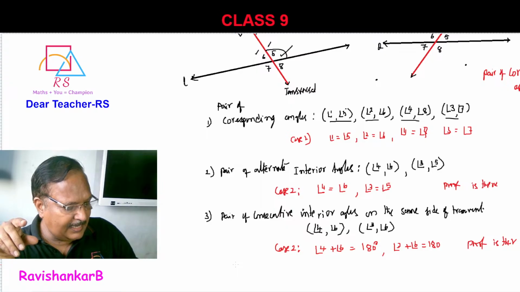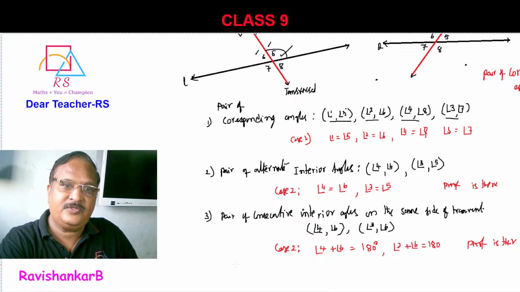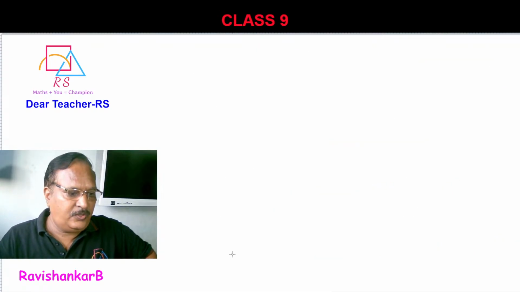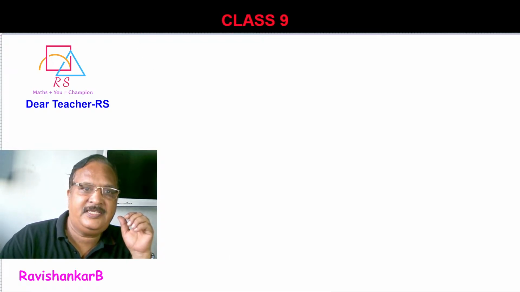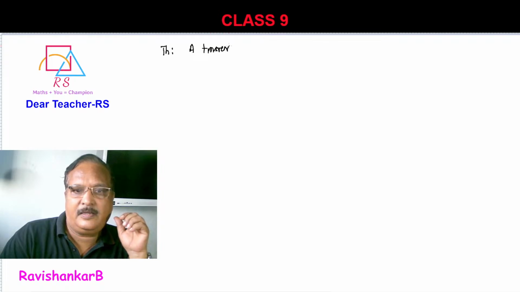Prove that alternate interior angles are equal. So I am writing it. The theorem question goes like this. A transversal intersects a pair of parallel lines.